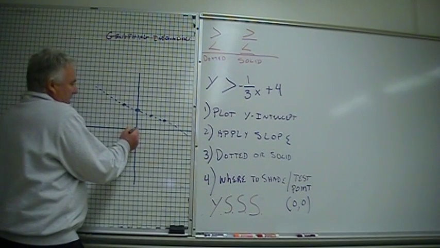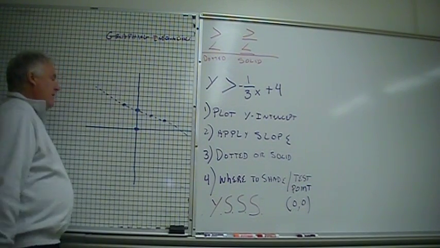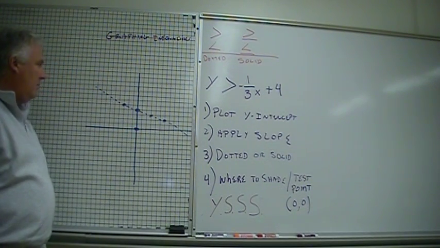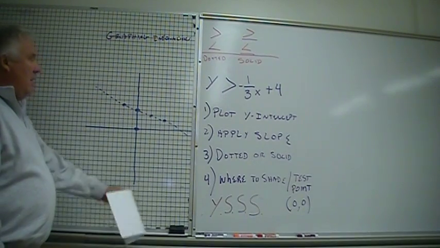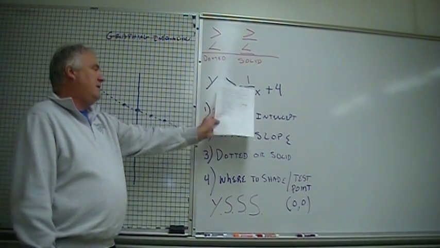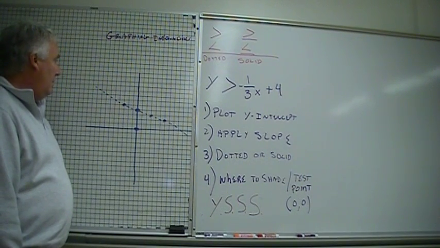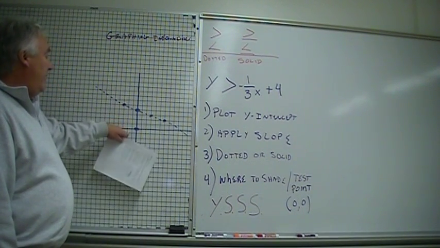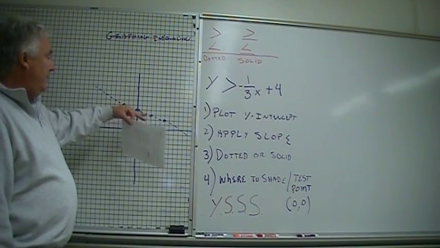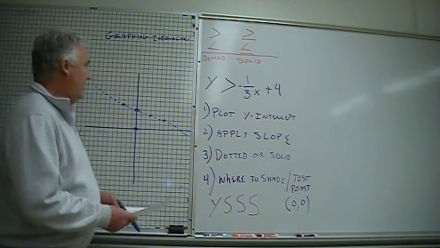The question then is, does that point 0, 0 make this statement true? If it's a yes, then we shade that side. But if it's not true, then 0, 0 is not a solution to the inequality.